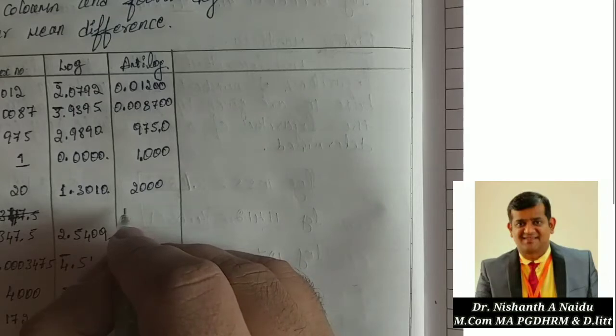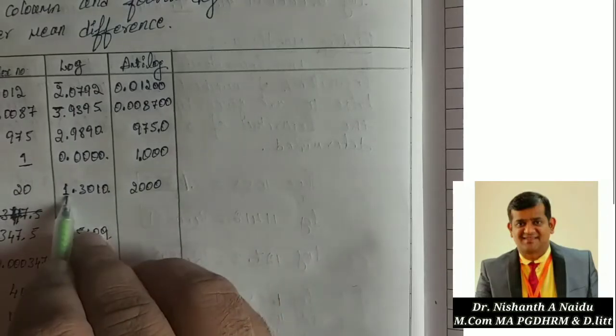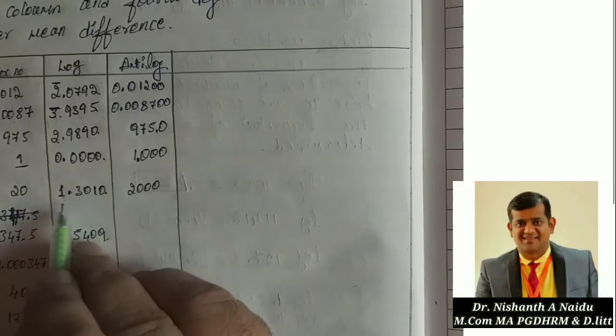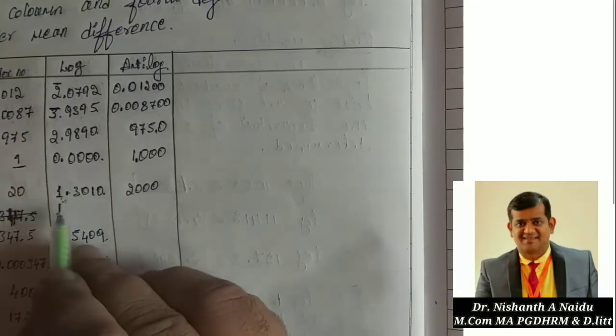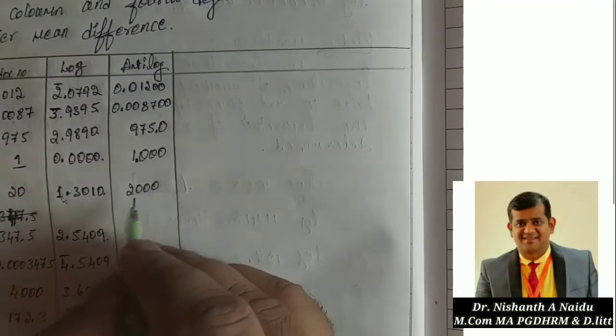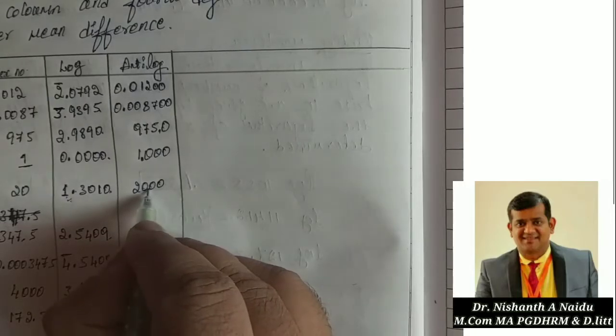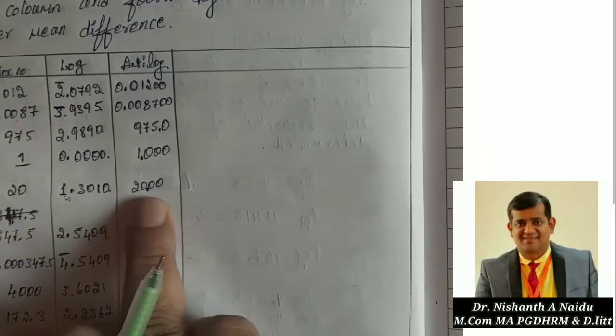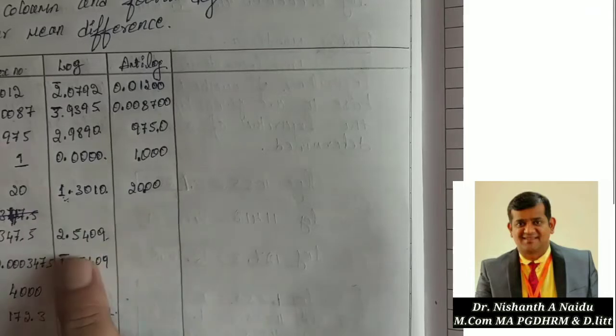Since here we have one digit, plus 1 gives 2, so after 2 digits you have to put a point.